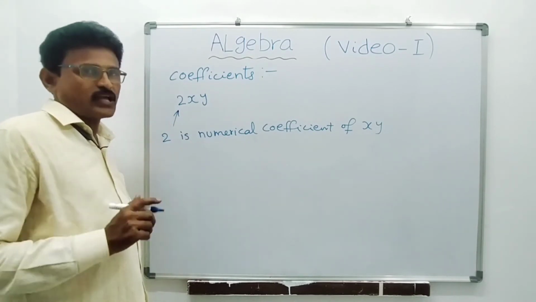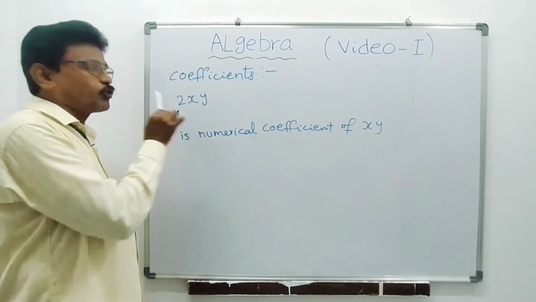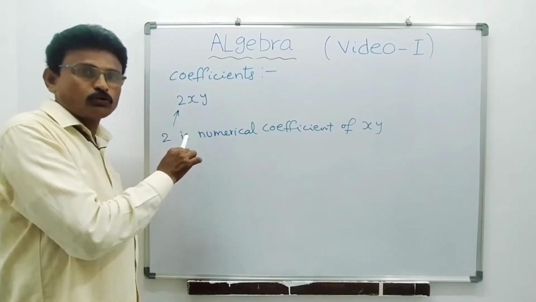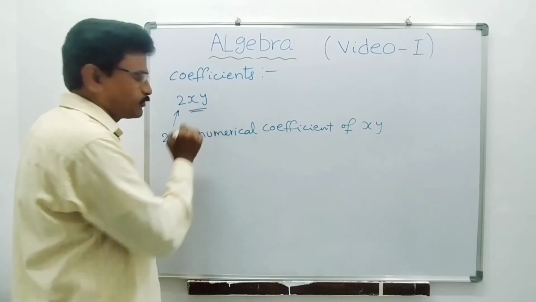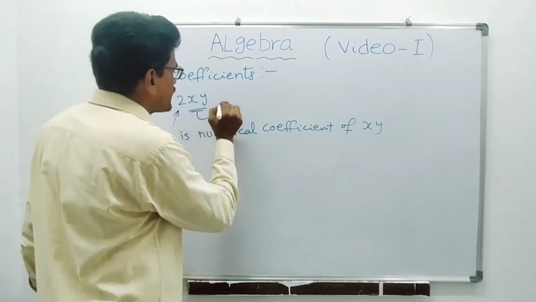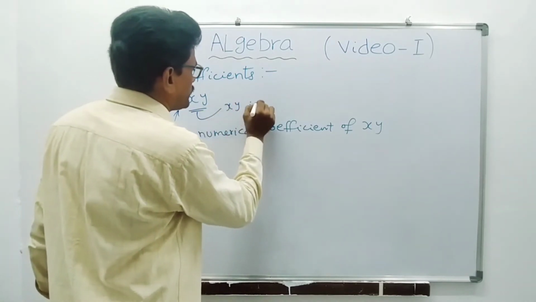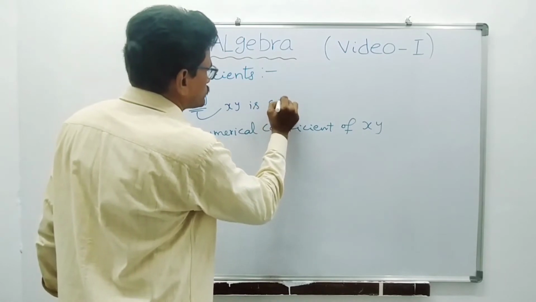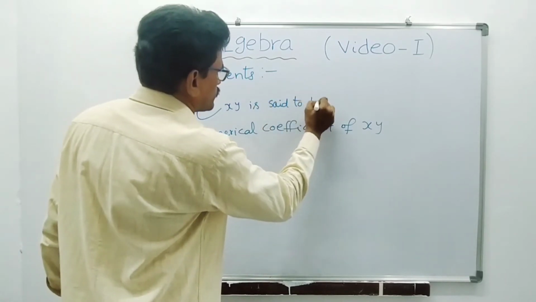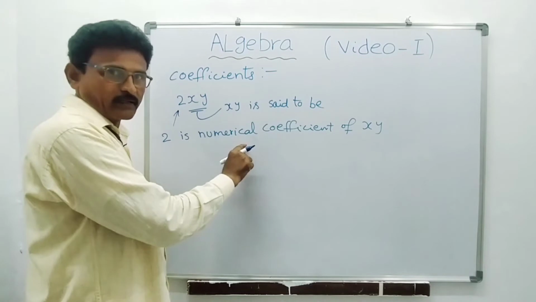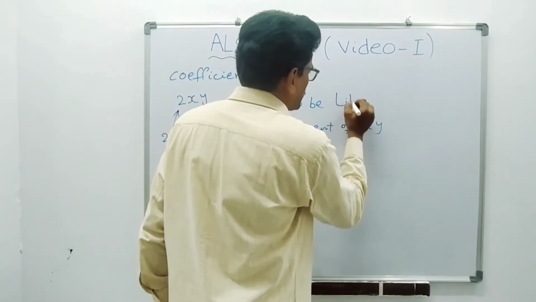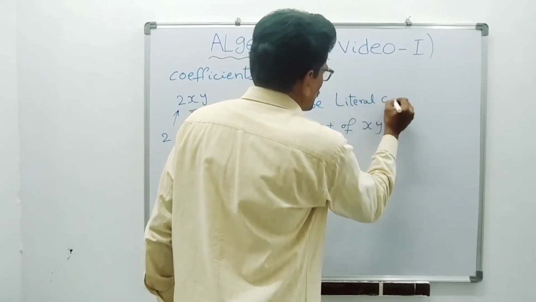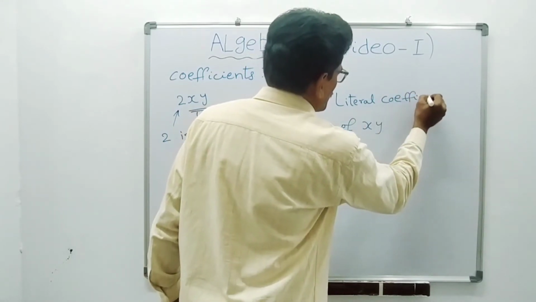Suppose they ask what is the coefficient of 2? It means what is multiplying by 2? xy. So xy is said to be, this is a numerical coefficient, number, but this is a literal term, so that is the literal coefficient. Literal coefficient.